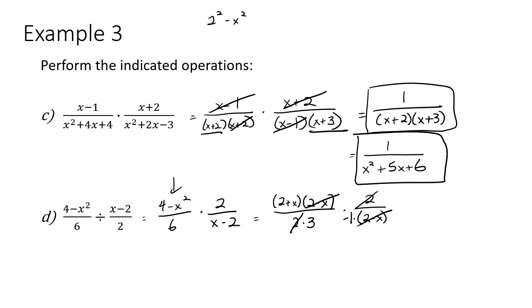The 2's will also reduce, and so what we're left with here is 2 plus x in the numerator divided by 3 times negative 1, or negative 3. And again, we have that situation where we've got a negative sign floating around, so there's a lot of different ways you could leave your final answer. This works.